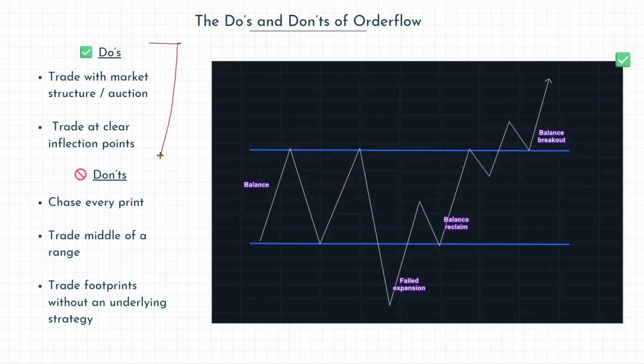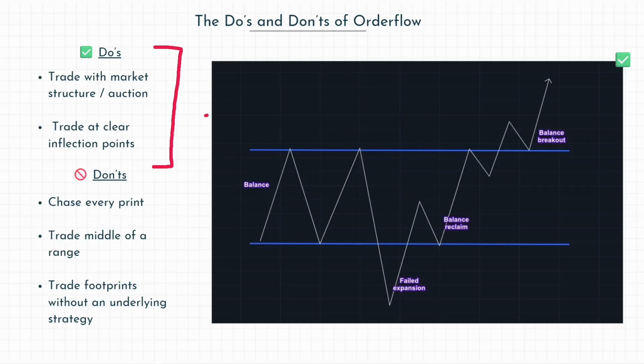The do's of order flow is you do want to trade this stuff with a clear idea of market structure. You could use just Wyckoff theory, auction theory, like I have this diagram here. Apply that to, like, are we breaking out and then retesting, that type of stuff. Apply order flow to that stuff.